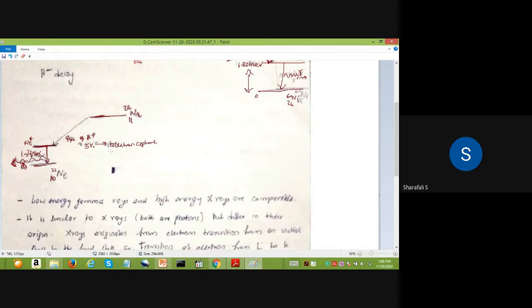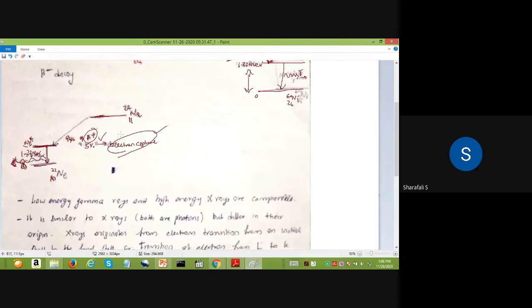So what that means is, the sodium is decaying into this excited state of neon, it can be through beta plus decay, or it can be through electron capture. Both of these are possible for the sodium to neon decay process.